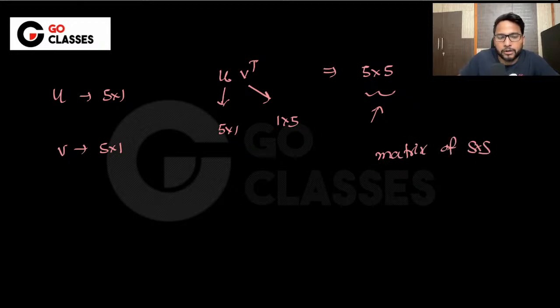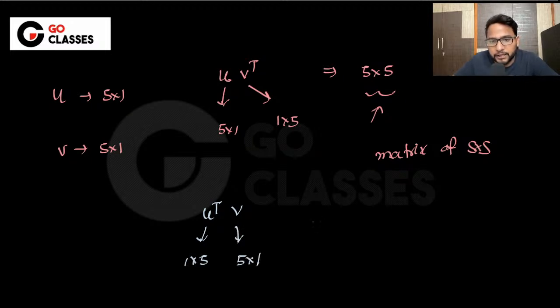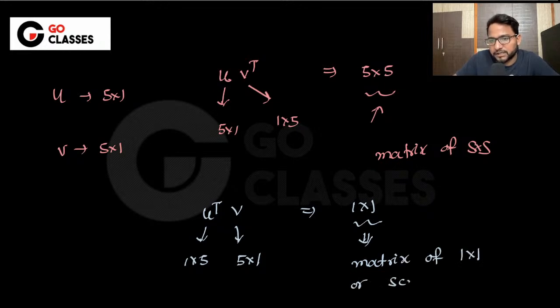But if you talk about U transpose V, then this is 1 cross 5 and this is 5 cross 1, and then it will be 1 cross 1. So you can say it is a matrix of 1 cross 1 or the scalar, it depends how you are treating it. Scalar doesn't matter, basically. Is this okay to everyone? Okay. So UV transpose is sometimes called the outer product also.